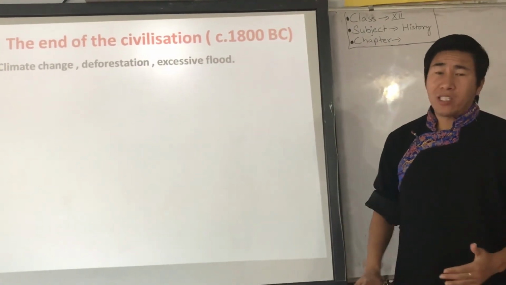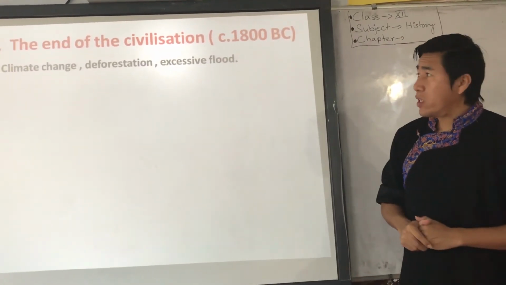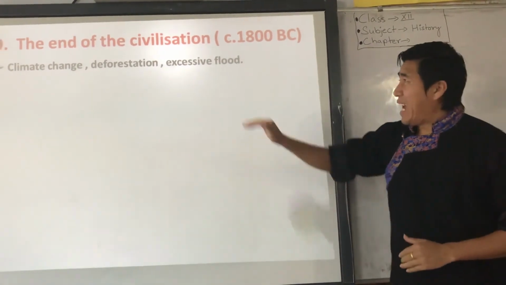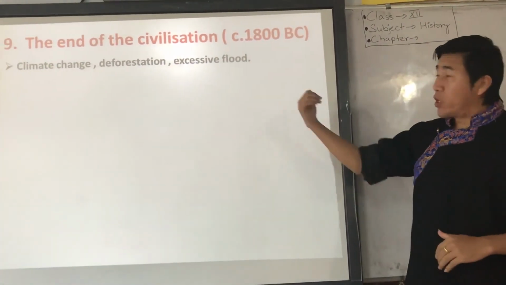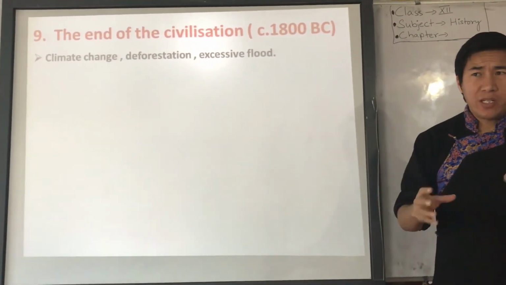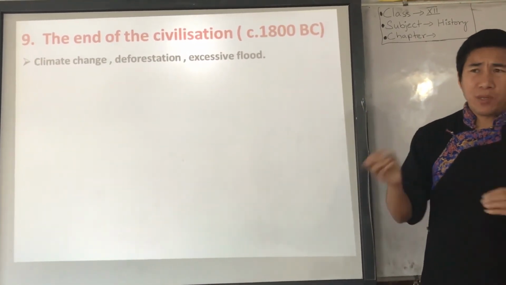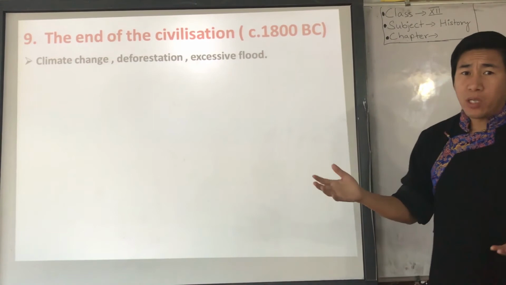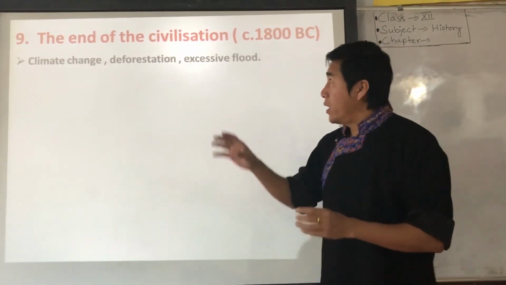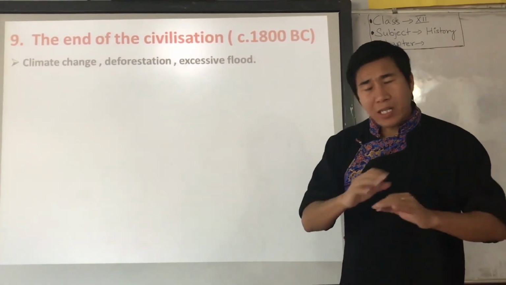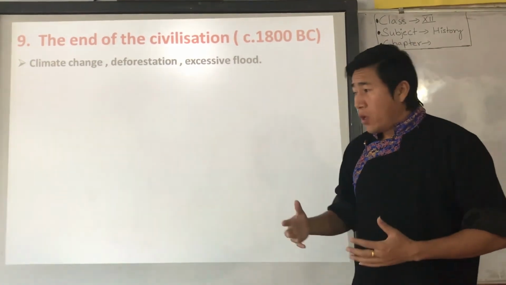Climate changes, deforestation, excessive floods, and you can also put invasion here. But the invasion theory has some criticism because of the date itself. But you can put invasion here. That's fine. Understood?